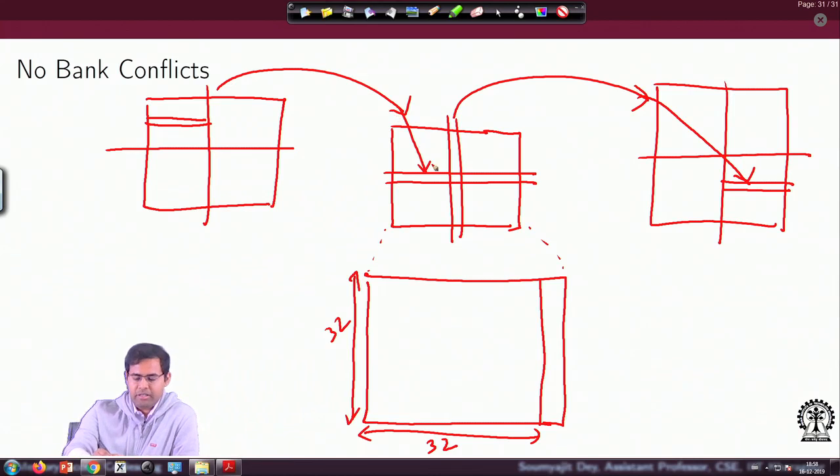When I have written the data here, let us understand that for one block I have done a row wise access and written the data row wise. That would mean the threads and the corresponding locations, if I just write the IDs of the locations, are getting mapped nicely like this. I do not write anything here.